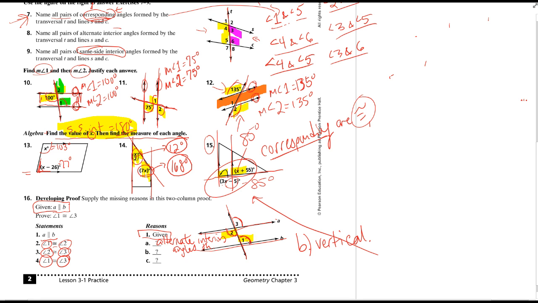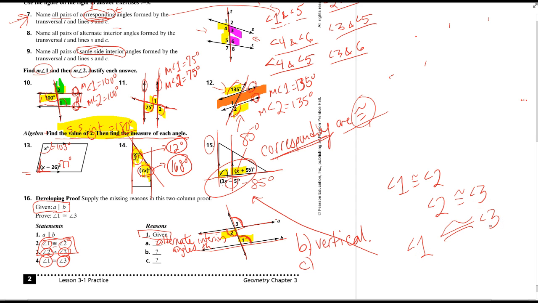And for part 4, angle 1 congruent to angle 3. Now, you've got some options here. Angle 1 and angle 3, those are corresponding. Corresponding angles are congruent, so you could say that. But did you notice that we have something special right here? First we said angle 1 was congruent to angle 2. Then we said angle 2 was congruent to angle 3. Now we're jumping down and saying angle 1 is congruent to angle 3.